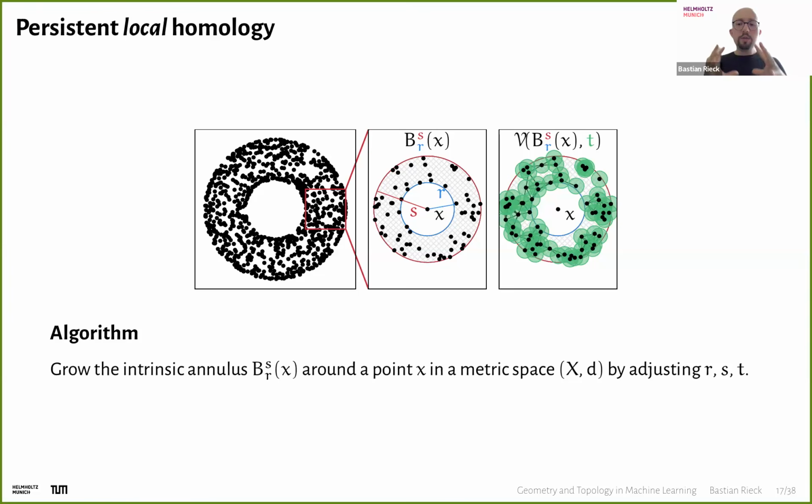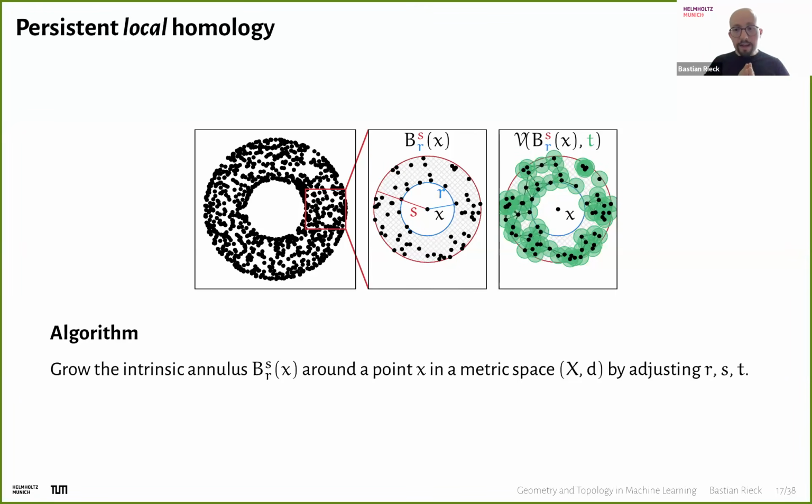So essentially, we do this in a completely data-driven way. We go into the data, we sample our points, and then we compare the resulting topological structure to the topological structure that we would have in a nicely Euclidean space. And since, if you recall from the beginning, there are well-defined distances between those topological descriptors, this gives us some way to assess the deviation of our data locally from the Euclidean model space.